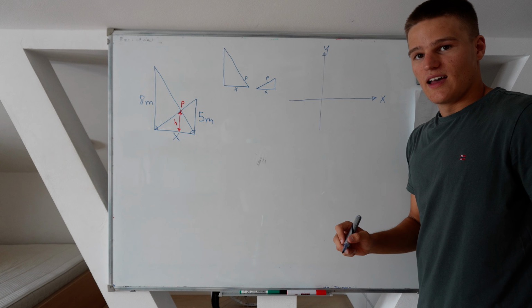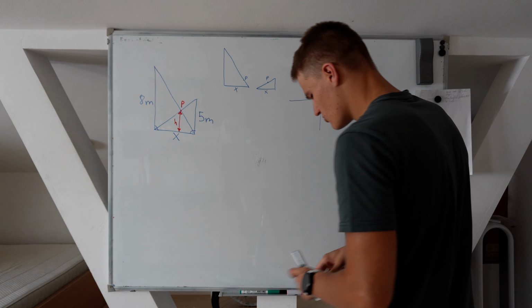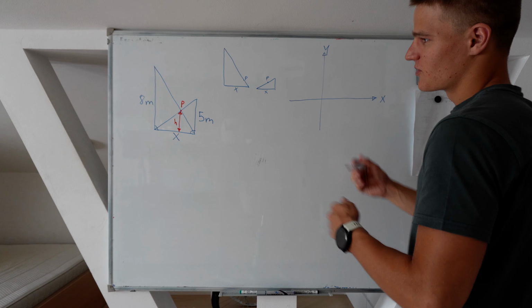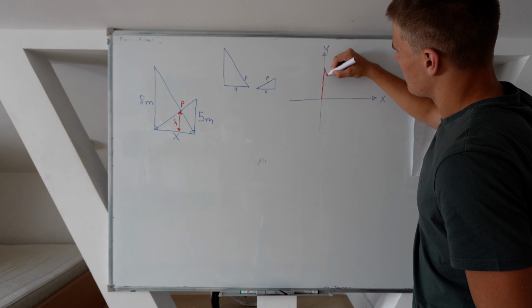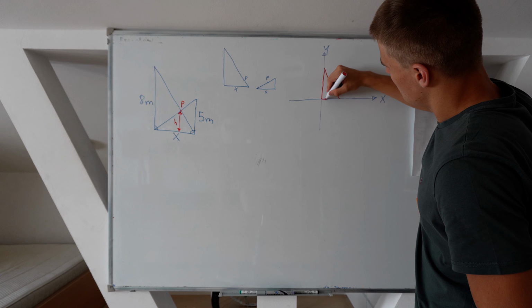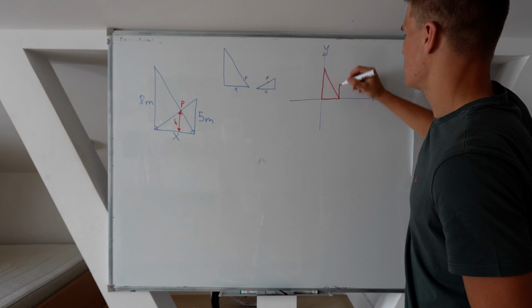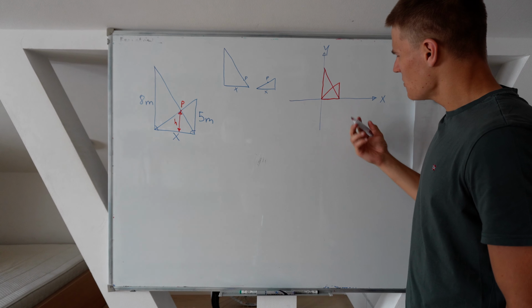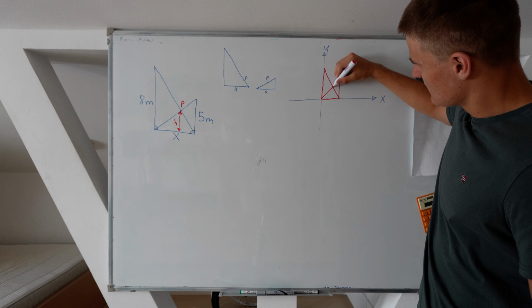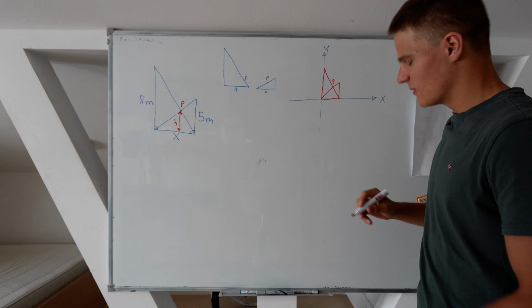And I just drew this construction right in here. That's what I did. Now, as you guys can tell, it's a little bit easier. We have a point P right here.